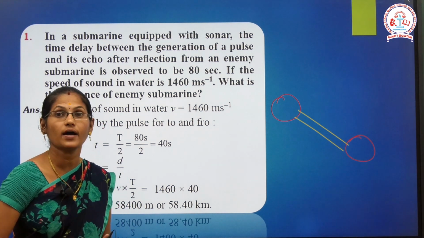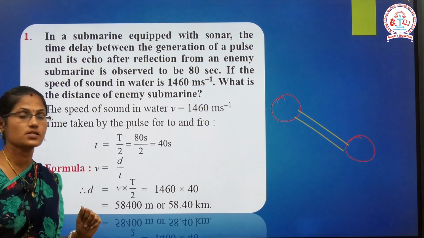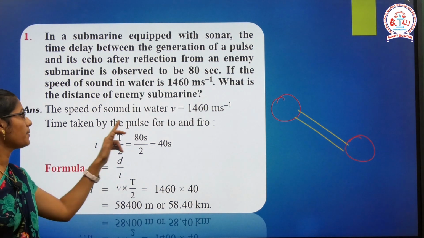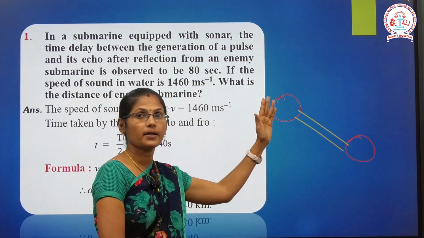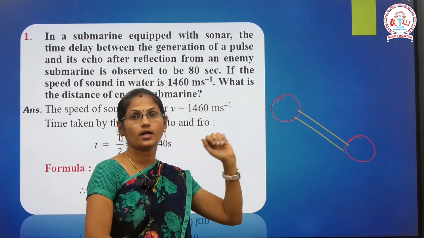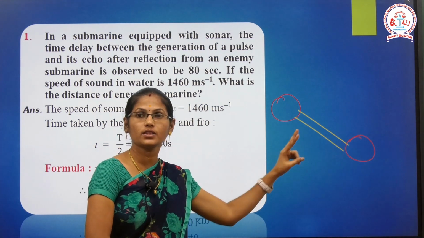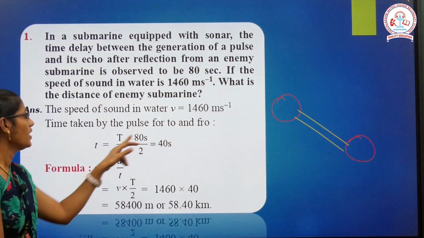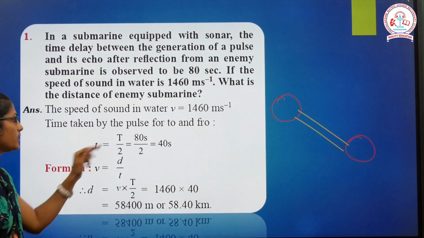The given values in this problem are the speed of sound in water, 1460, and the time taken by the pulse to go to and fro, which is 80 seconds. Next, t is equal to T by 2.